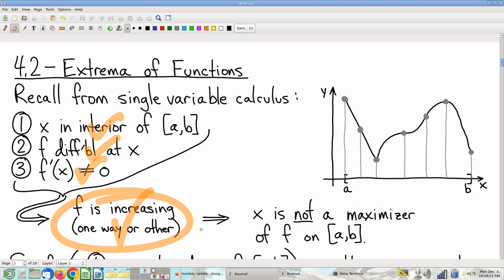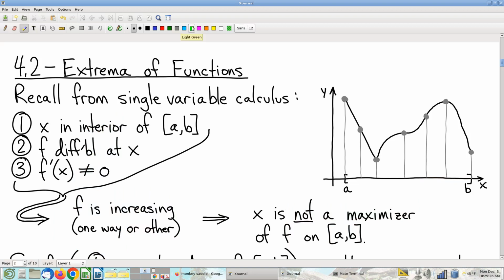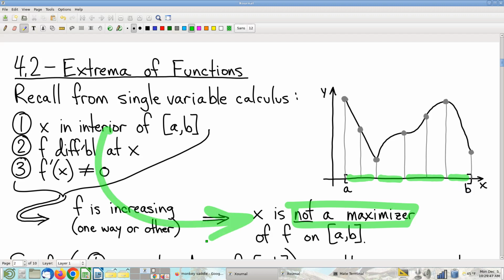So this allows us to eliminate most of the points in the domain. So good news, we can instantly rule out all of those points, and all of these points, and then all of those points. Those points are not maximizers for sure because of this argument.